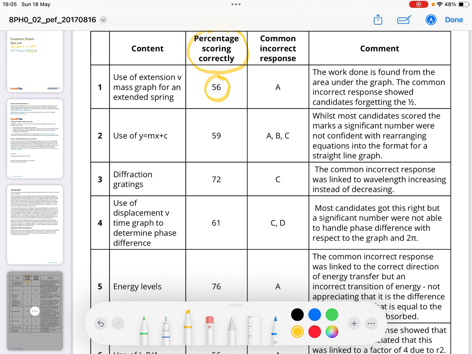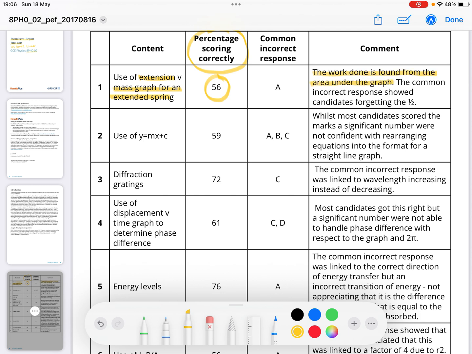Question 1 was to do with a mass on a spring. As you add mass on a spring, of course, it's going to extend. The question wanted to know what is the correct expression for the work done in extending the spring. The examiner's comment is that the work done is found from the area under the graph, which is correct.